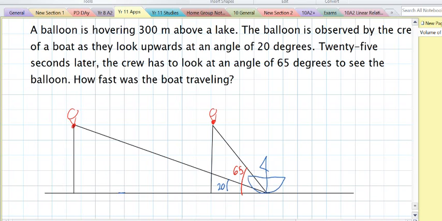Other measurements. Boys, do you want to have a go? What else can go in? Good, Jack. 300 metres. This one here. And same again here.